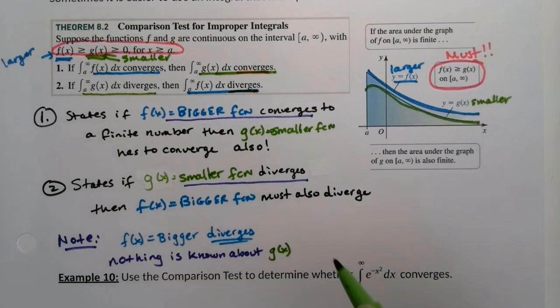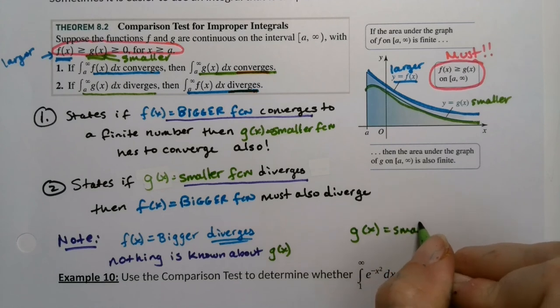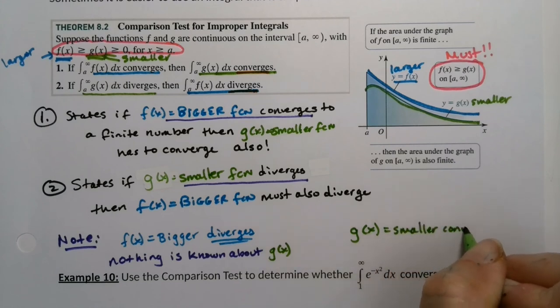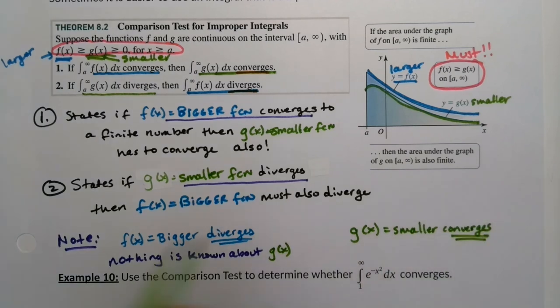And similarly, if g of x, which is the smaller, converges. These are if-then statements that really matter which one's going where, right? If the smaller function converges, nothing is known about the bigger function.